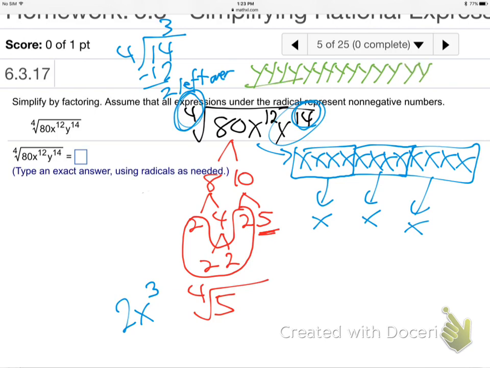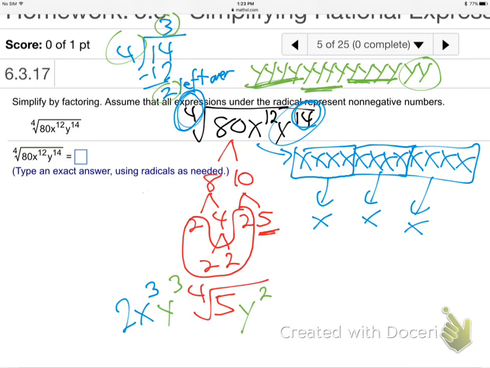In 14 y's, there's 3 groups of 4 with 2 left over. So how many come out? 1 from this group, 1 from that group, 1 from that group: y cubed. And how many are left over inside? Y squared. Does that make sense?